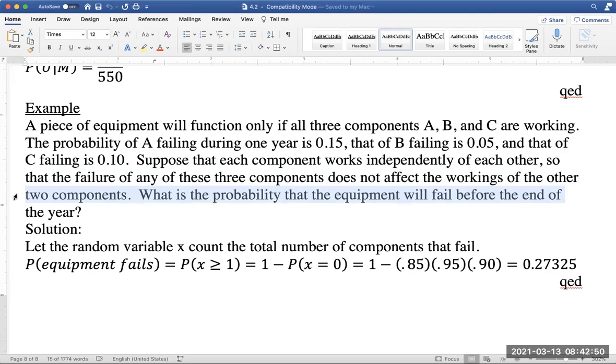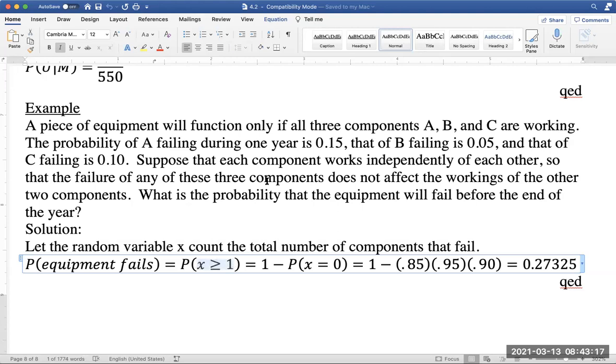So let the random variable X count the total number of components that fail. I want to find the probability that the equipment will fail. Again, everything has to be working. So 1 component failing means the equipment fails. So I want to figure out the probability that X is greater than or equal to 1.